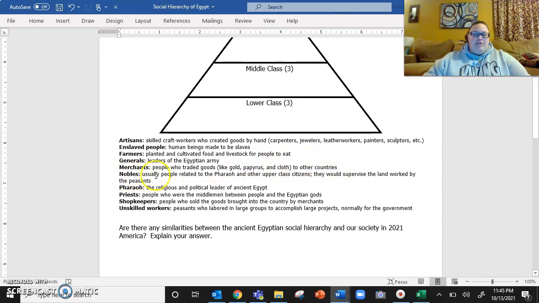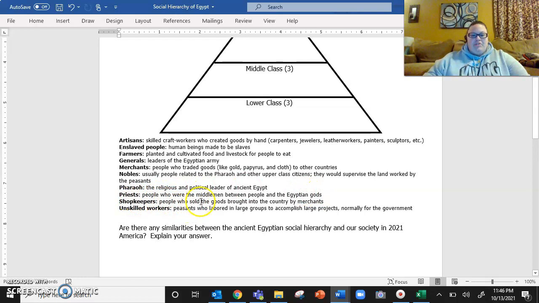Nobles were usually people who were related to the pharaoh and other upper class citizens. They would supervise the land worked by the peasants. The pharaoh was the religious and political leader of ancient Egypt. Priests, people who were the middlemen between the people and the Egyptian gods.